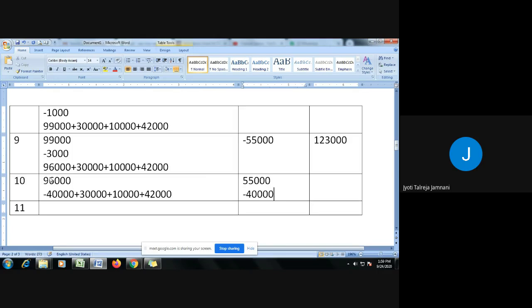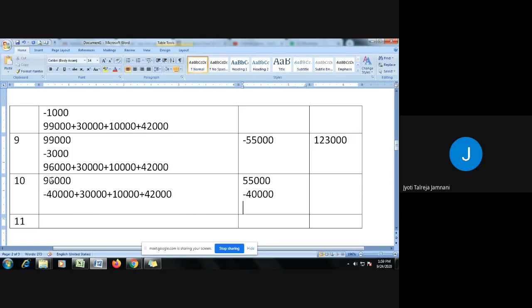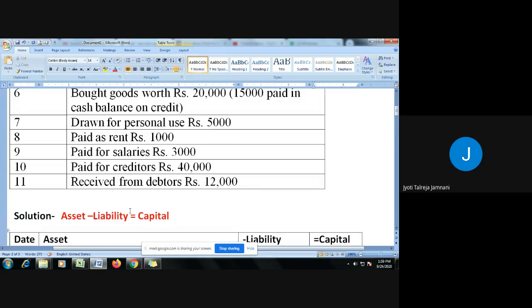From this, I am paying them 40,000. So the new creditors are 15,000. So we will take that 15,000 as liability now, and when you minus, you will get a capital of 1,23,000. Same decrease in assets, and from liability also 40,000 decrease. So there's no effect on the capital. Okay, that was the 10th transaction.